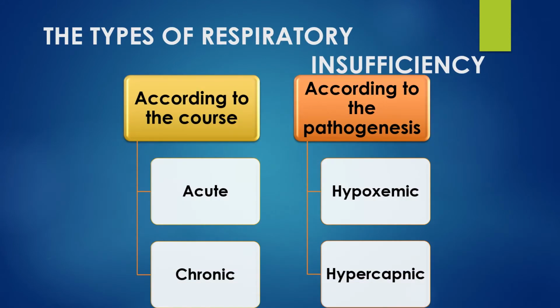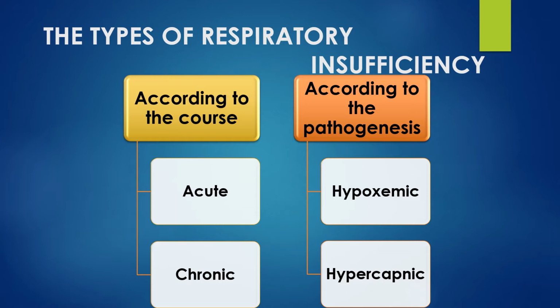Depending on the cause, acute and chronic forms of respiratory failure are distinguished. Acute respiratory failure occurs in attacks of bronchial asthma, pneumothorax, asphyxia, and chronic forms occur in pulmonary fibrosis, pneumoconiosis, and other pathologies. According to the pathogenesis, we distinguish hypoxemic and hypercapnic types of respiratory failure.